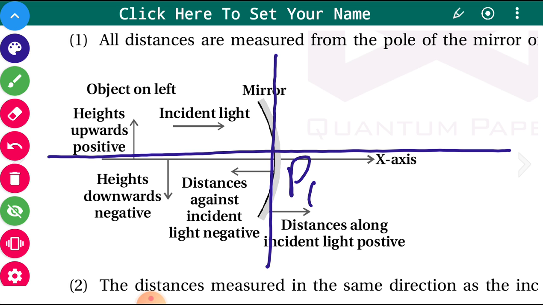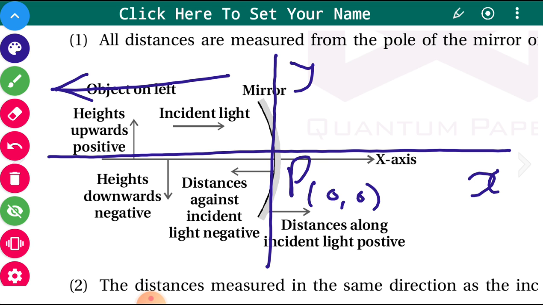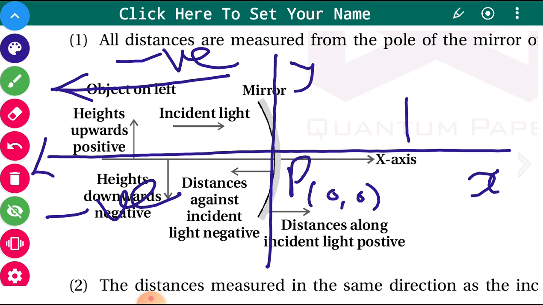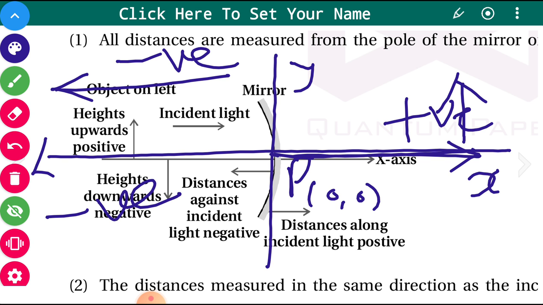And you can remember that these are the axes, that is the x-axis and y-axis. Distances on the left hand side are negative, because this is the negative x-axis, and this is your positive x-axis. So distance in this direction will be positive. If the image is formed somewhere here, then the image distance, measured from the pole, will be positive.